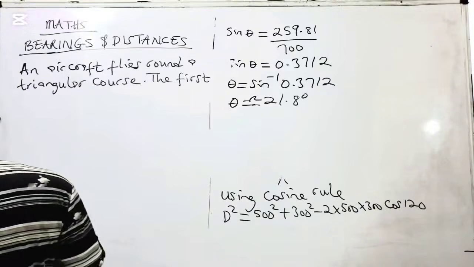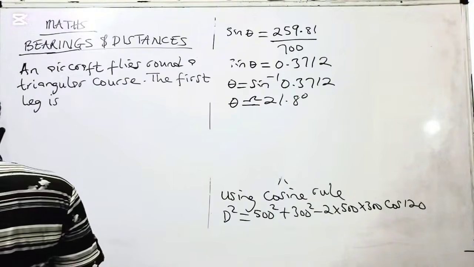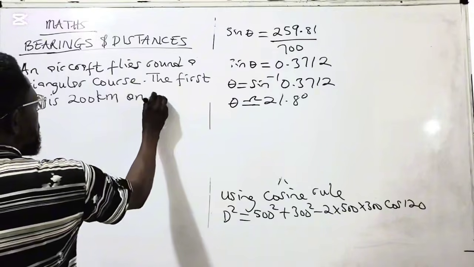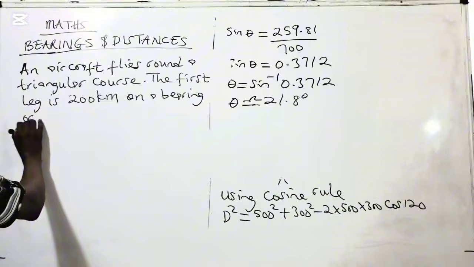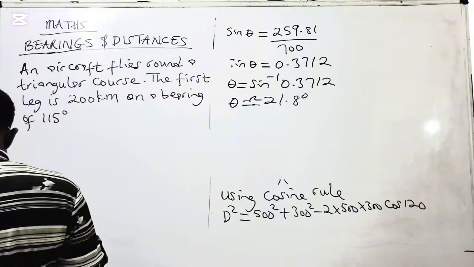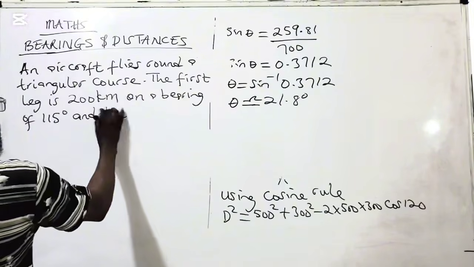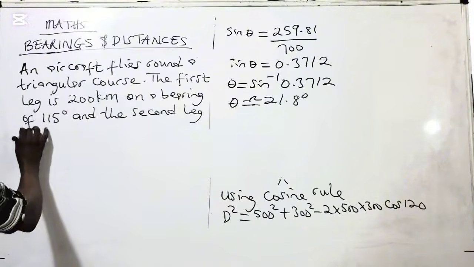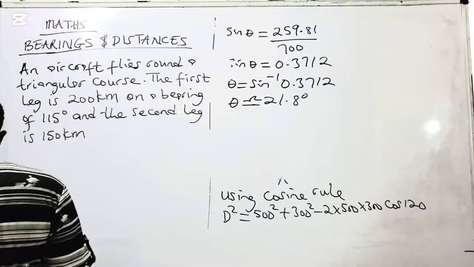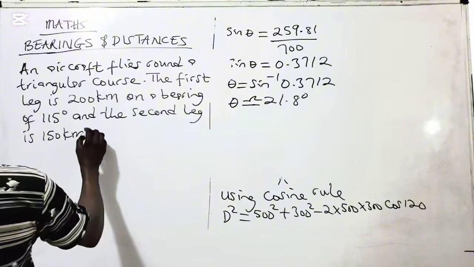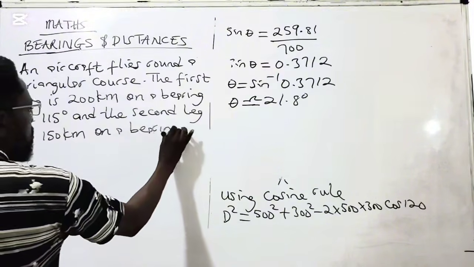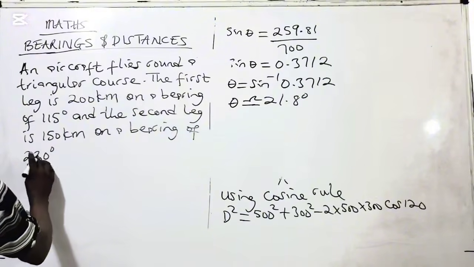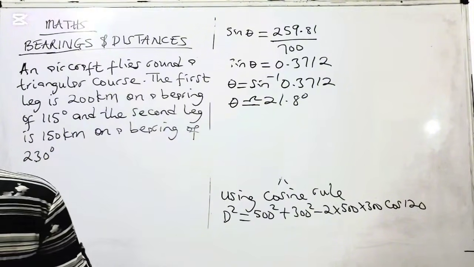The first leg is 200 kilometers on a bearing of 115 degrees, and the second leg is 150 kilometers on a bearing of 230 degrees.